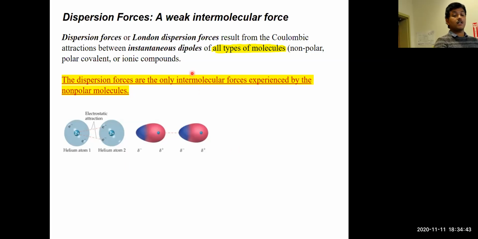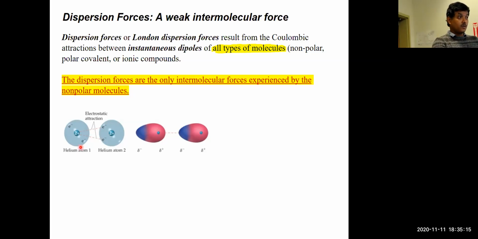What is an instantaneous dipole? When the electrons are continuously moving around the nucleus, temporarily, within a fraction of a second, they move to one side, which they always do. When they move to one side, the electron cloud creates a temporary negative charge on that side, even if it is really a fraction of a second. That is attracted towards the opposite atom's nucleus. Your nucleus contains positive charge and it would like to experience that extra electron cloud.